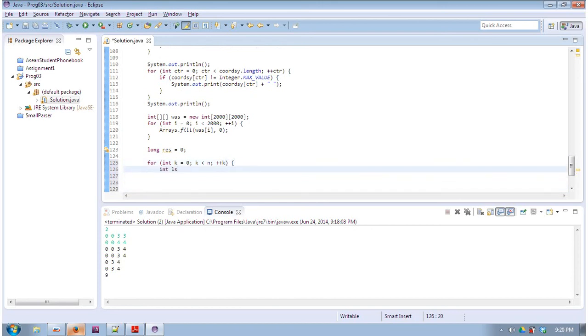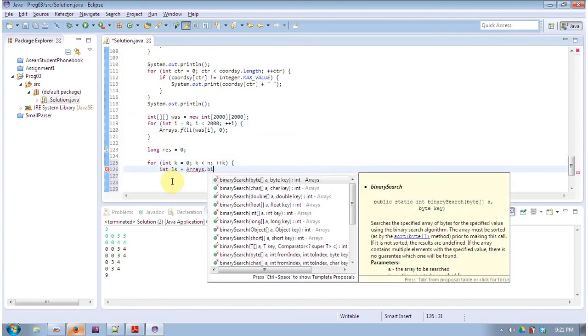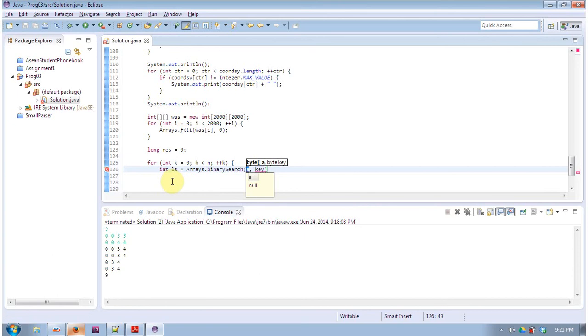So int ls. First we determine the position in the two arrays of the numbers that we inputted.